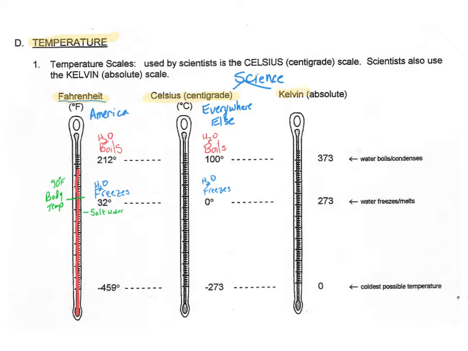Then, in 1742, a scientist named Celsius developed a different scale. It's also known as the centigrade scale, and it uses 0 degrees Celsius as the temperature that water freezes, and it set 100 degrees Celsius as the temperature at which water boils. That was because that could be used anywhere in the world.